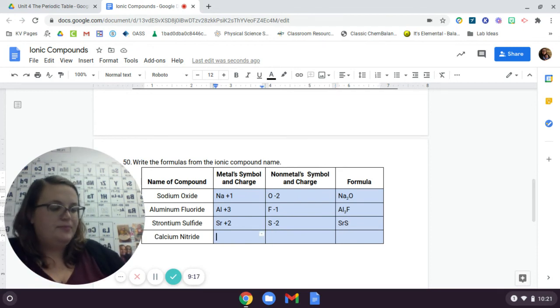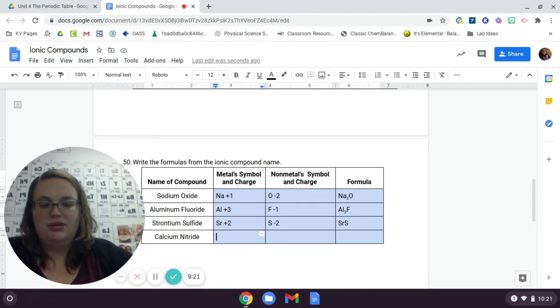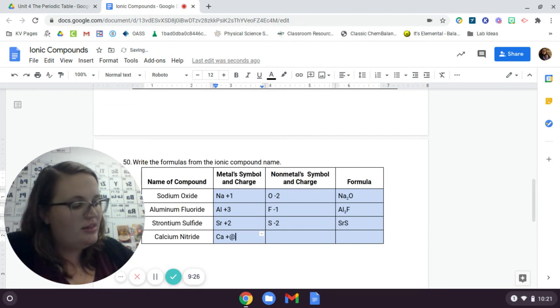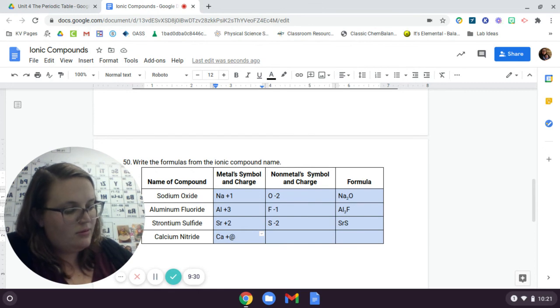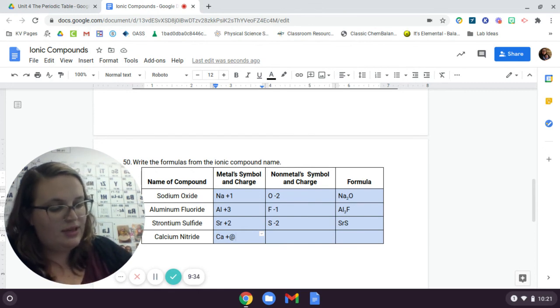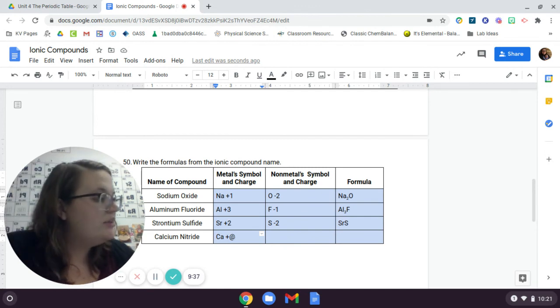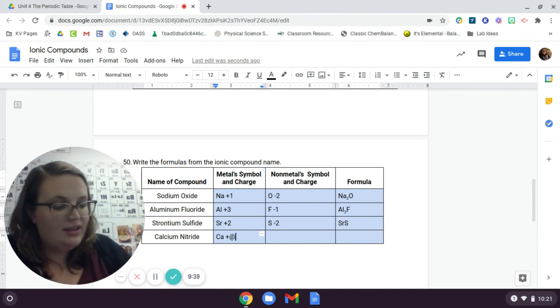All right, the last one we're going to do is calcium nitrate. So calcium is in group 2. It's a 2+. And nitrogen is in group 15, and it's a -3.